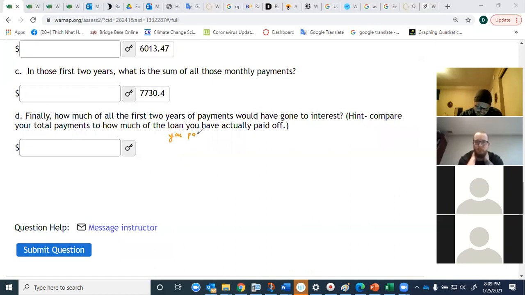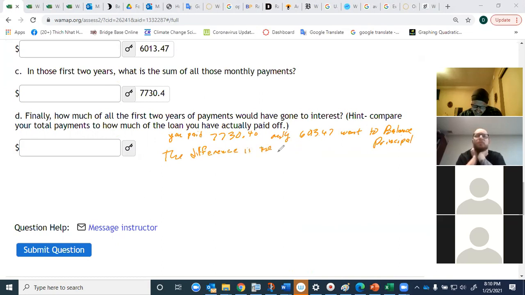You paid 7730.40, and only $6,013.47 went to the balance, or what we really call the principal. That must mean the difference is the interest they get.